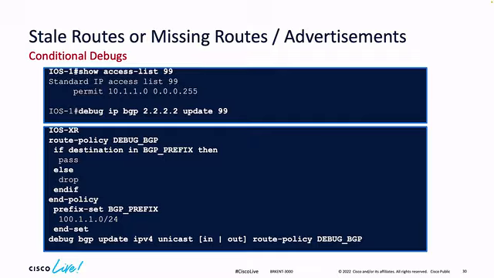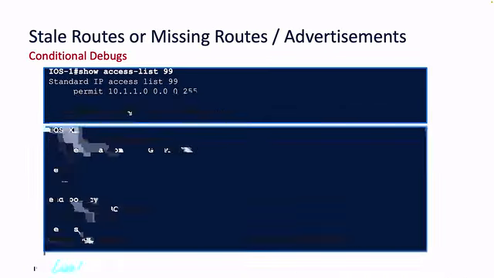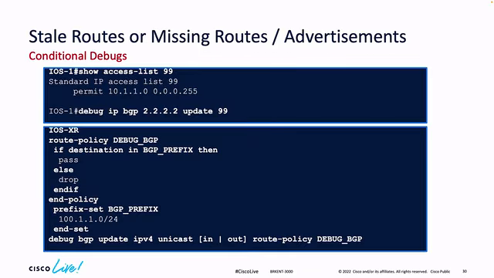Conditional debugs filter what will show in the debug command. Here you see in the IOS example, I created an access list where I'm permitting 10.1.1.0. The wildcard is 0.0.0.255. So that means what? I'm matching the first three octets. I only care about 10.1.1.0, and I'm referring to that ACL in my debug for this specific neighbor.